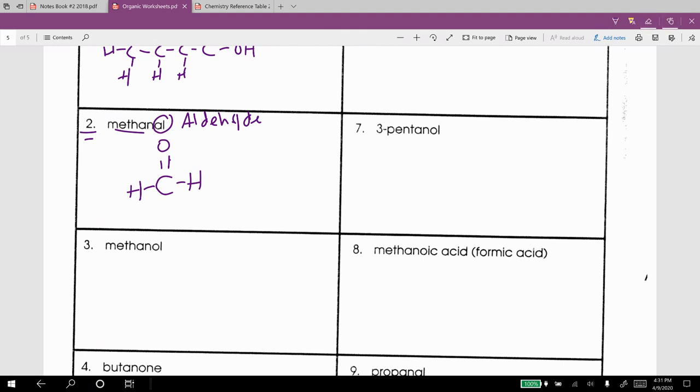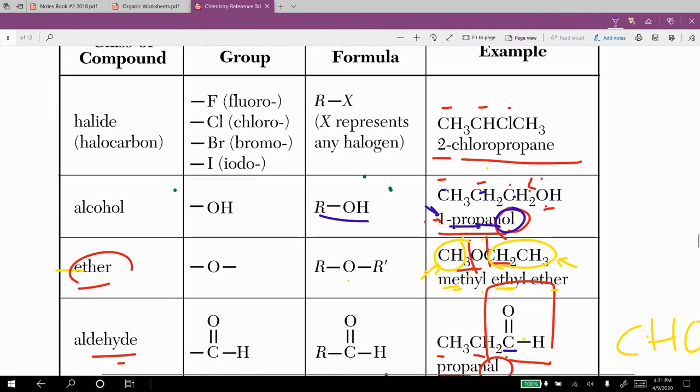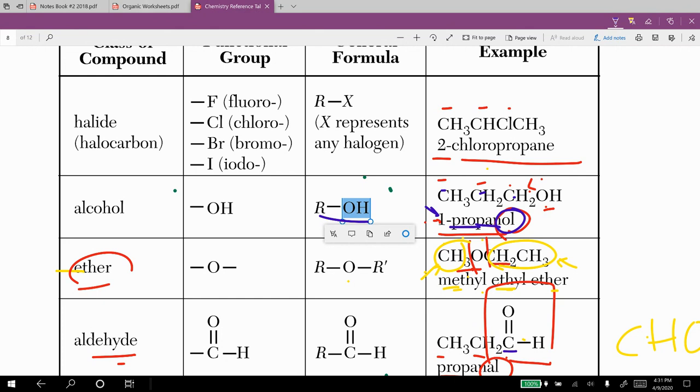Okay, so then the next one, we have methanol. -OL means that we have an alcohol. And I have meth- means 1 carbon. The alcohol means I have an OH.